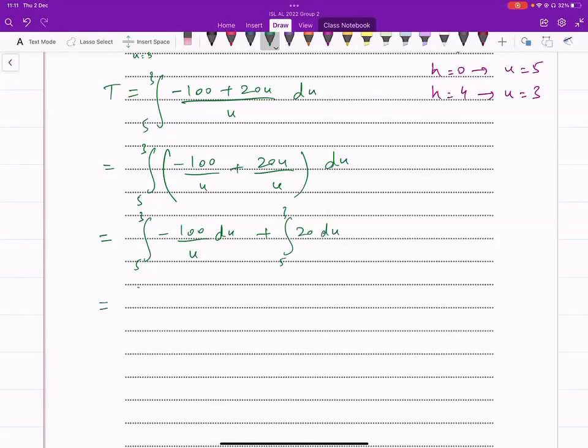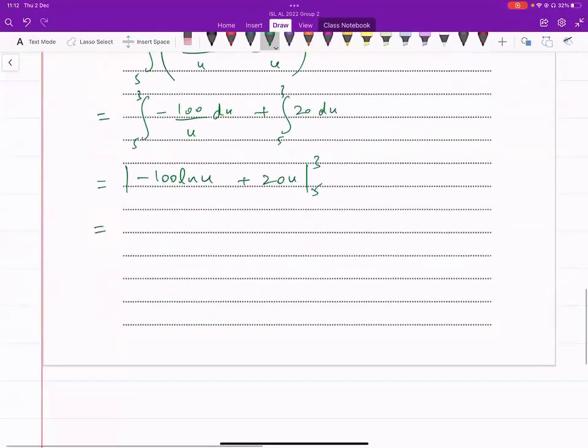So what do you get from this? Minus 100 ln of u, that's the integral of this, right? The 100 goes outside, and the integral of 1 over u is ln u. The limits for this are from 5 to 3. And similarly for the other one, you've got 20u. If you apply the limits from 5 to 3, you can see what you get.